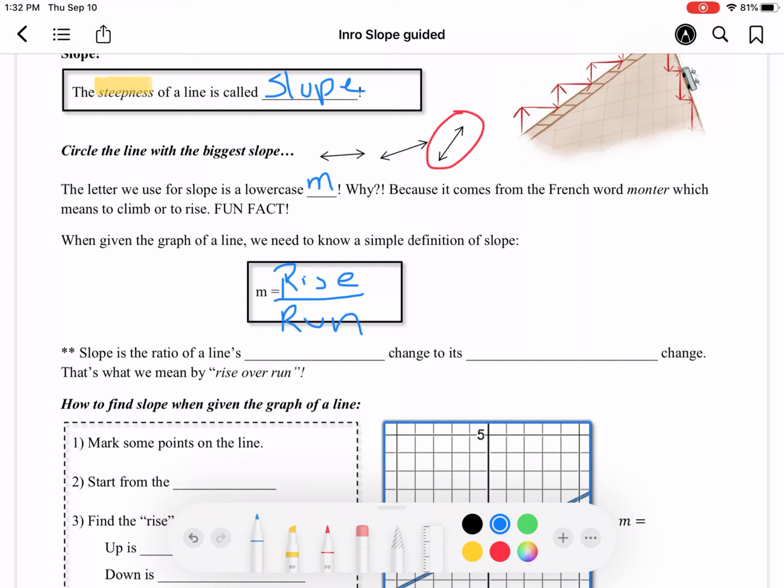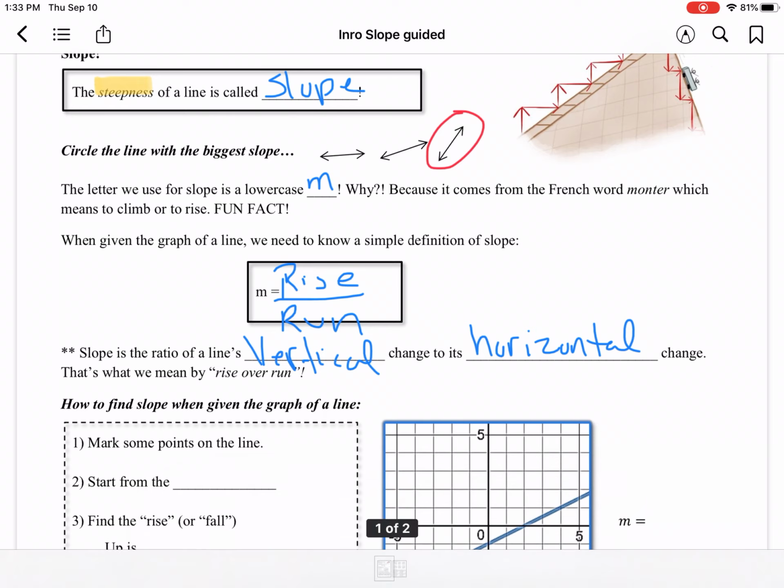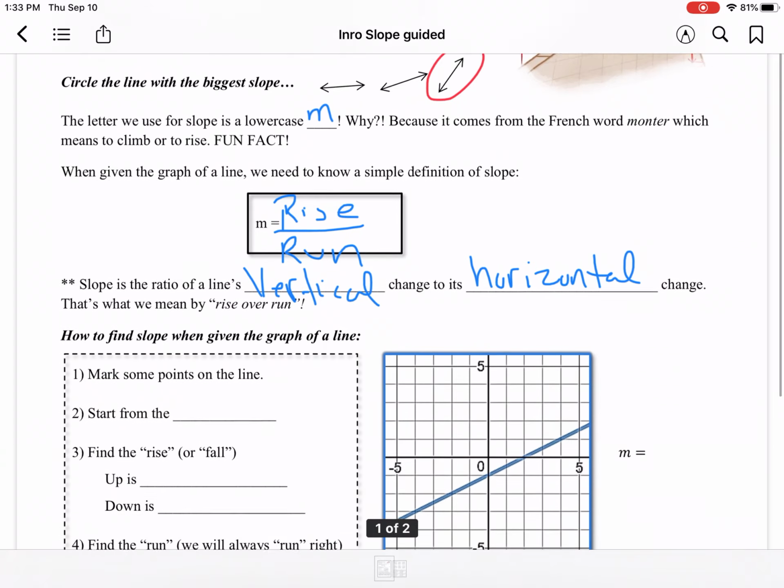It's a ratio, which is a comparison of two numbers. The rise over the run is the line's vertical change to its horizontal change. So it's going to be a ratio between the vertical and the horizontal.